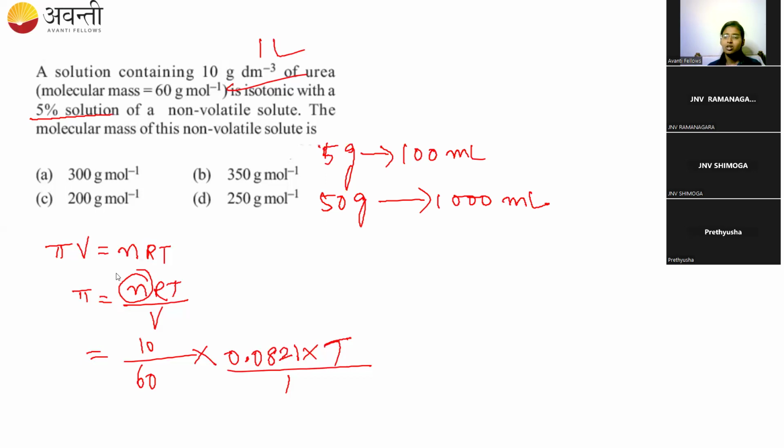So now the osmotic pressure of the solution having the non-volatile solute, which is π2, is equal to 50 divided by the molecular mass into 0.0821 into temperature. Let me show everything in a single picture for you.